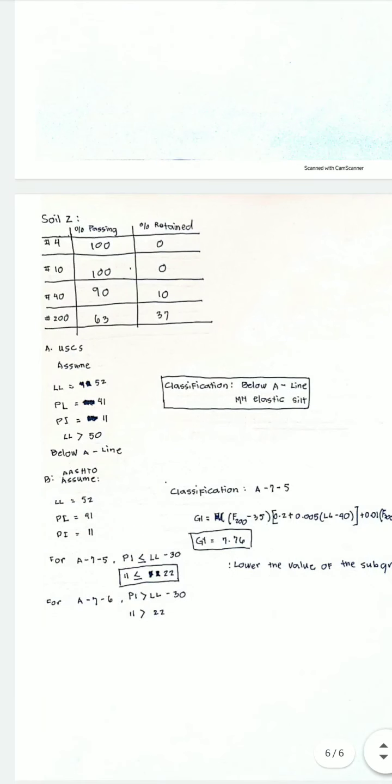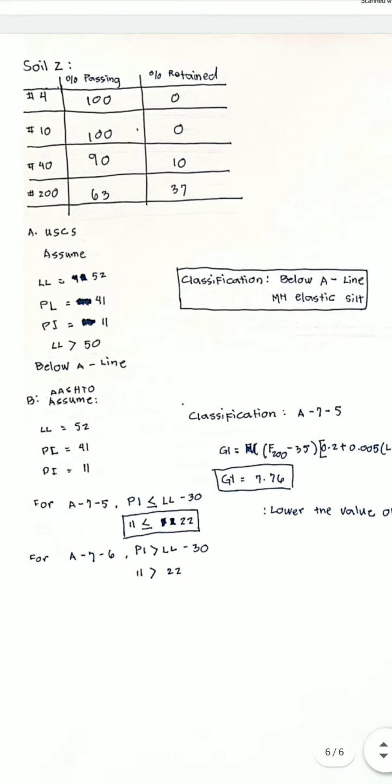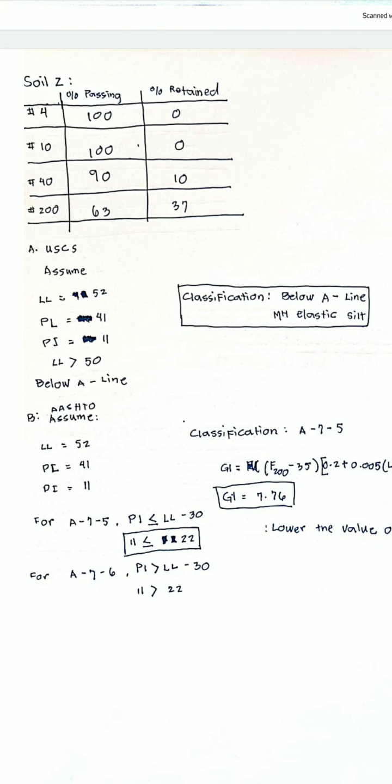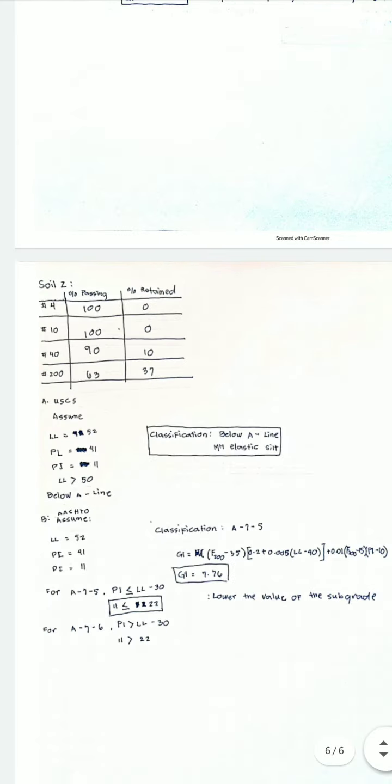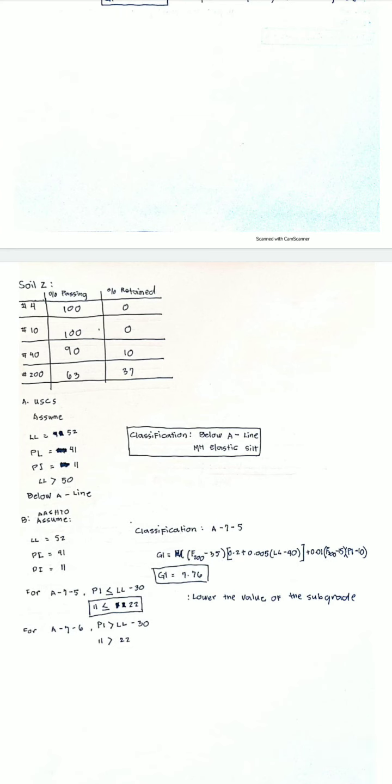Substituting the given data to the formula for AASHTO, it will classify as A-7-5 because its plasticity index of 11 is less than or equal to 22. So the classification of soil Z is A-7-5.